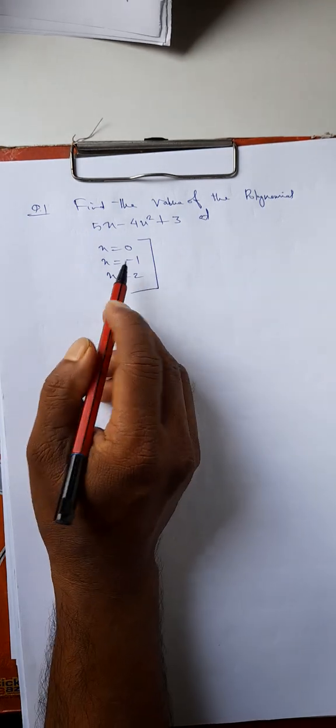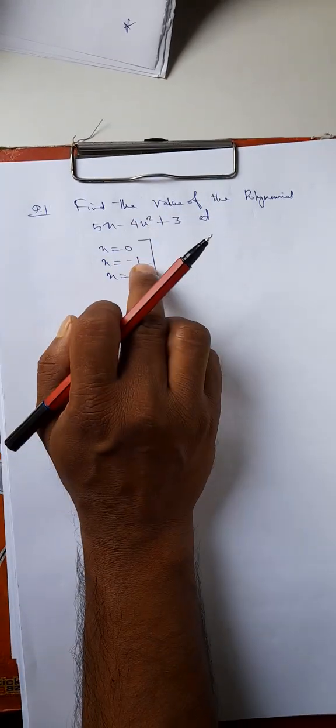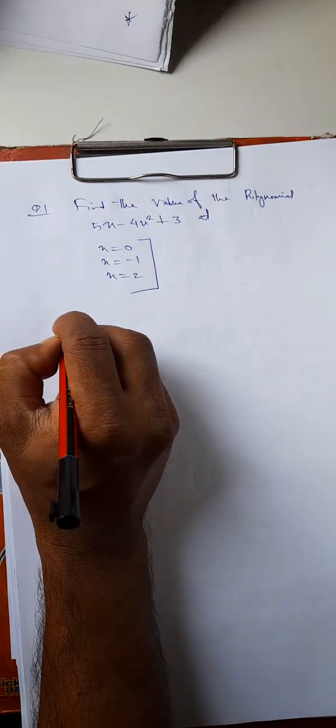At x equal to 0, find the value of this polynomial. At x equal to minus 1, find the value of this polynomial. So let's solve this.